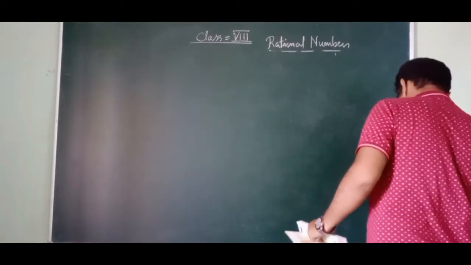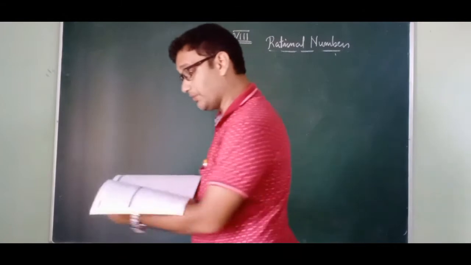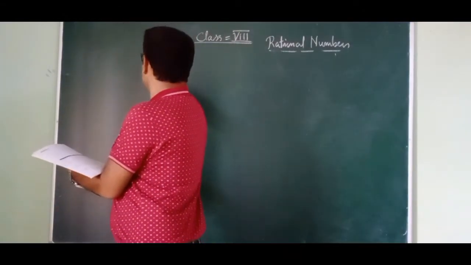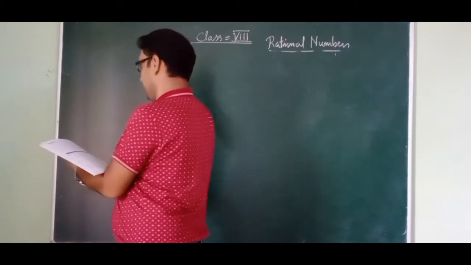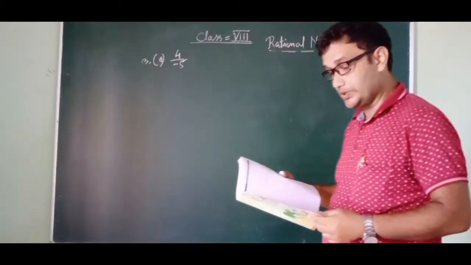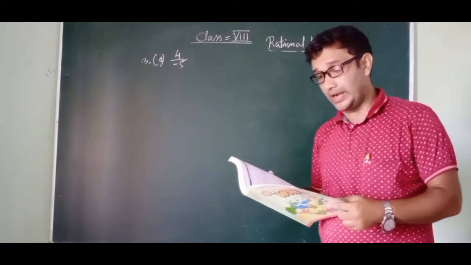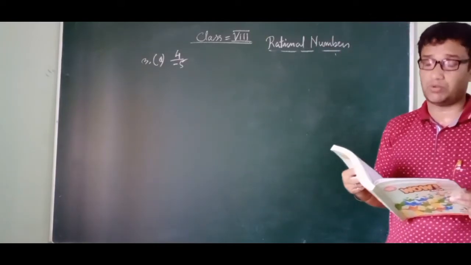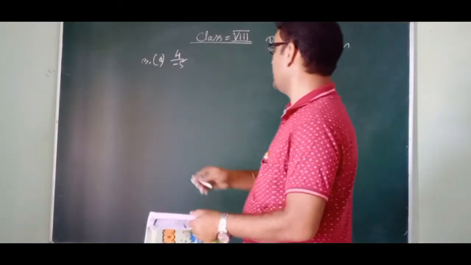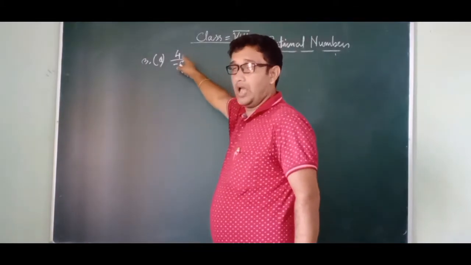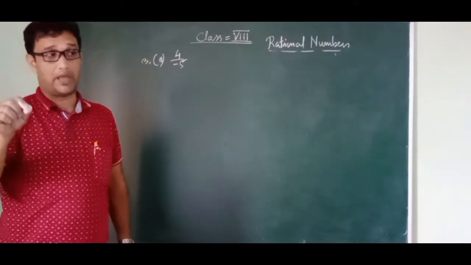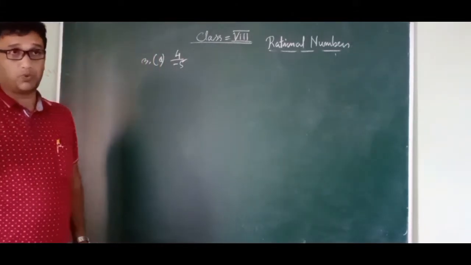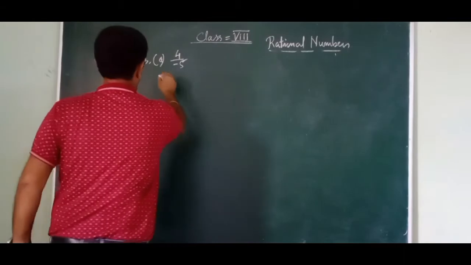Question number 3, according to your question, first question is given 4 by minus 5. Write each of the following rational numbers with a positive denominator. Here numerator value is 4 and denominator value is minus 5. But according to the question, you have to make the denominator positive. So how can you make it?